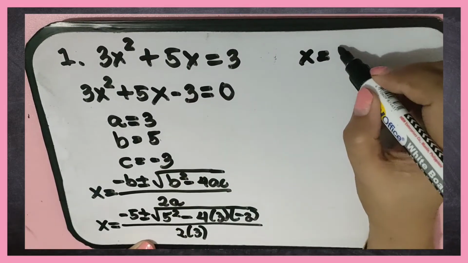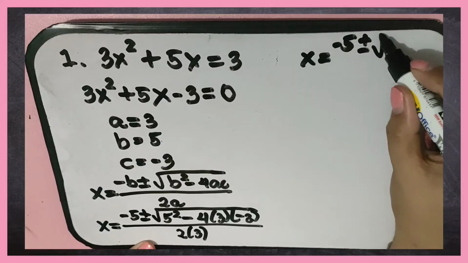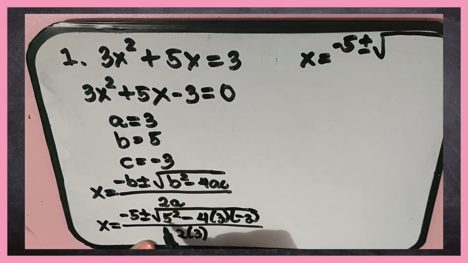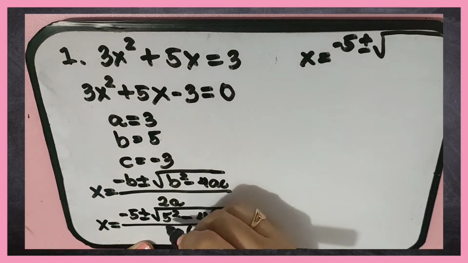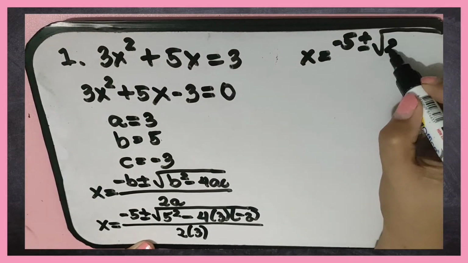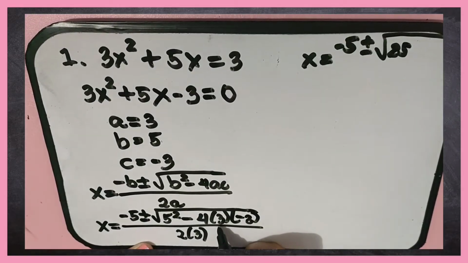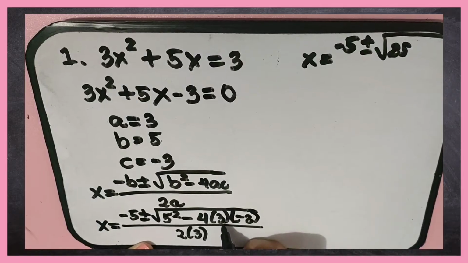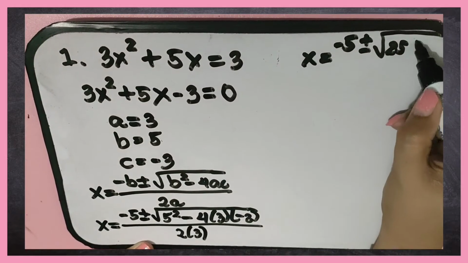x equals negative 5, positive negative, square root of, simplify the expression inside the radical sign. So 5 squared is 25, negative 4 times 3, and that is negative 12. Then negative 12 times negative 3, and that is positive 36.